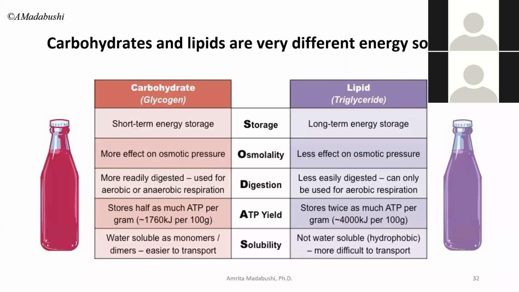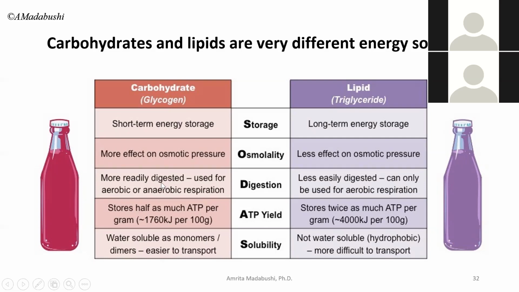There is more memory of what chiral means, 4 different groups being attached, and L and D forms, but less memory of what a disaccharide is, what a polysaccharide is, what a glycosidic bond is. You must review that before you do your exam. So that's something I want to mention.